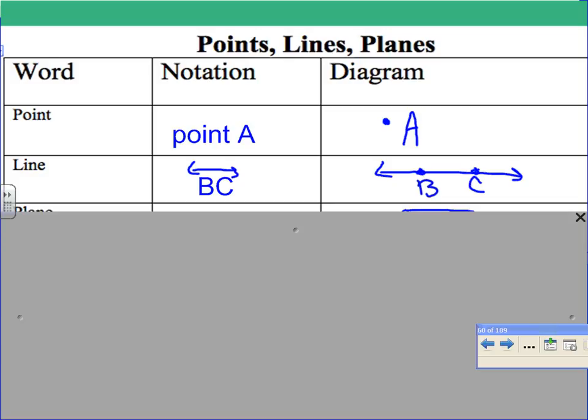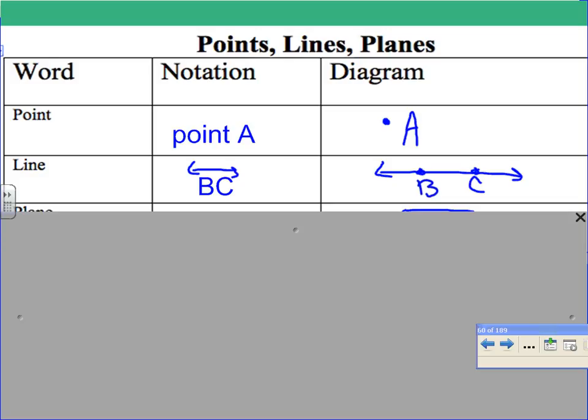It extends forever, okay, and has arrows on both sides. So it keeps going forever on both sides. So if you draw a picture of a line, you still have to have points. Okay, we already talked about what a point is. Here's a point. Here's a point. I know. Wow, amazing. BC. Arrows on both ends. A line goes on forever, infinity in both directions.